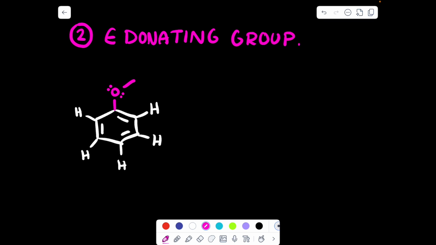So in summary, this is some group with electron density. So it's electron rich. For example, it could have a lone pair. This would be a really good, a strong electron donating group, like the methoxy group that we are going to use in this example. It could also just be a basic alkyl group.